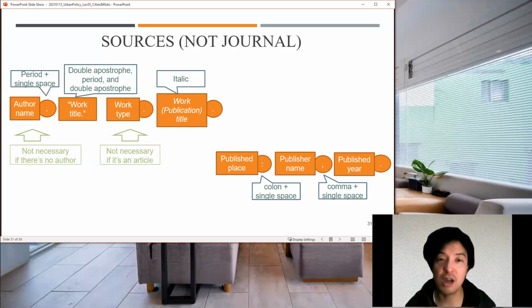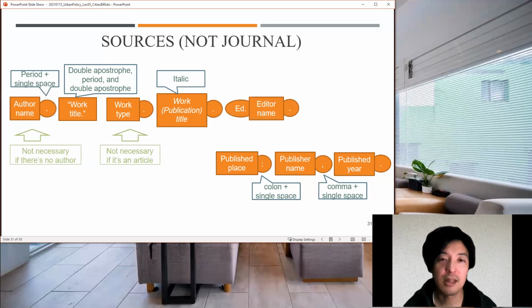But if it is not an article, for example a picture, drawing, painting, or cartoon, then you need to show the work type here. You need to say photograph or cartoon and so on.